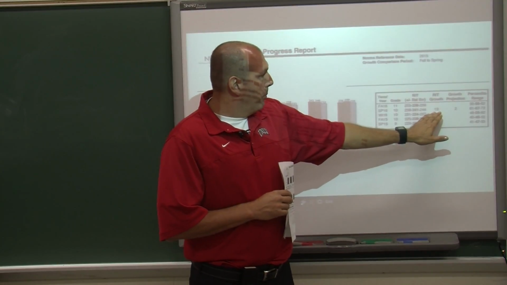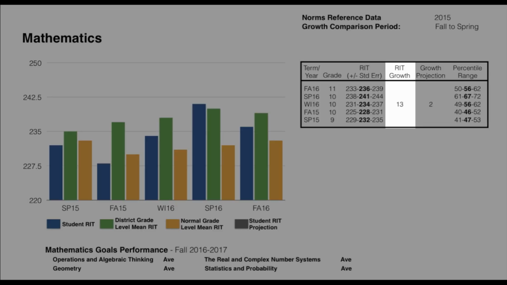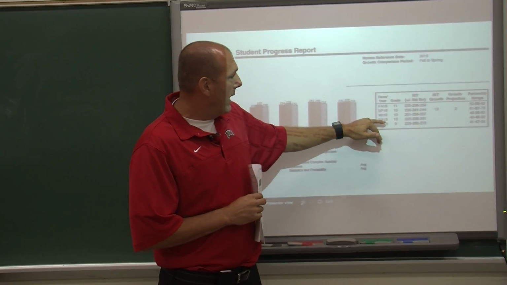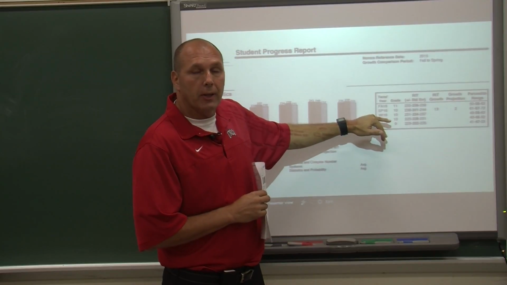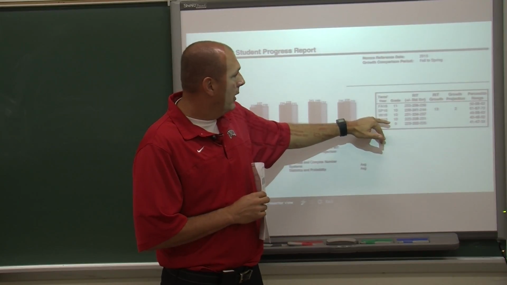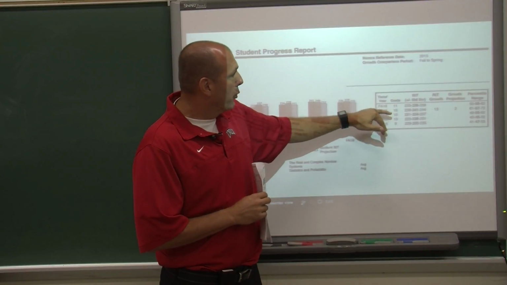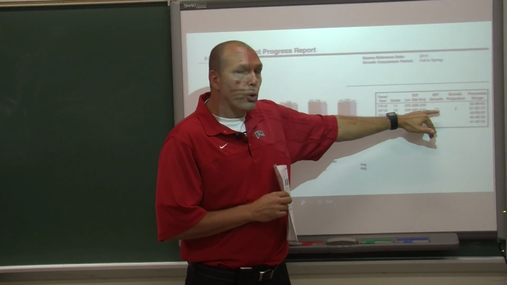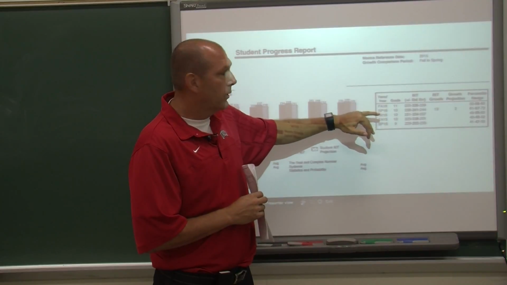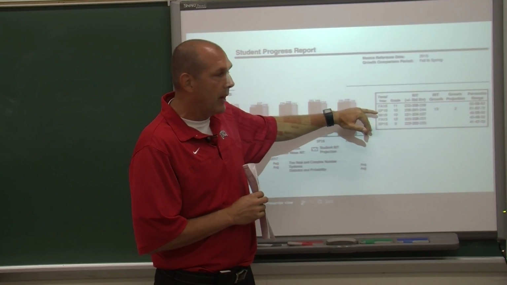The RIT growth part tells you how much you grew from one testing period to another testing period. So for example, last year when this student took the test in August of 15, she grew 13 RIT points by the time she took the test in the spring of 2016.